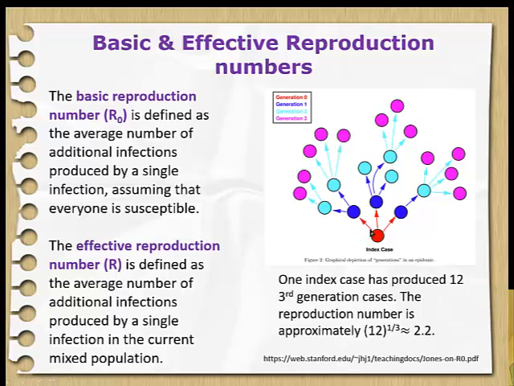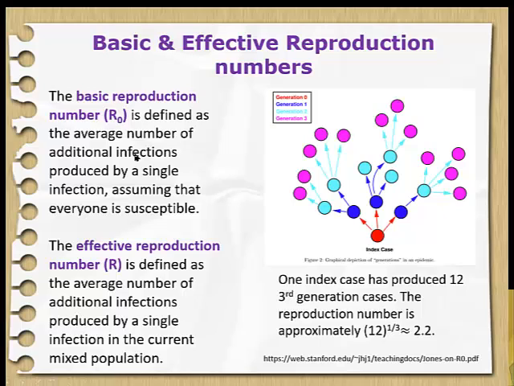So after 3 generations, one case has produced 12. So on average, if we take the cube root of 12, we get about 2.2. So for each generation, the number of cases has multiplied by 2.2 on average. So from this data, we conclude that the reproduction number is approximately 2.2.